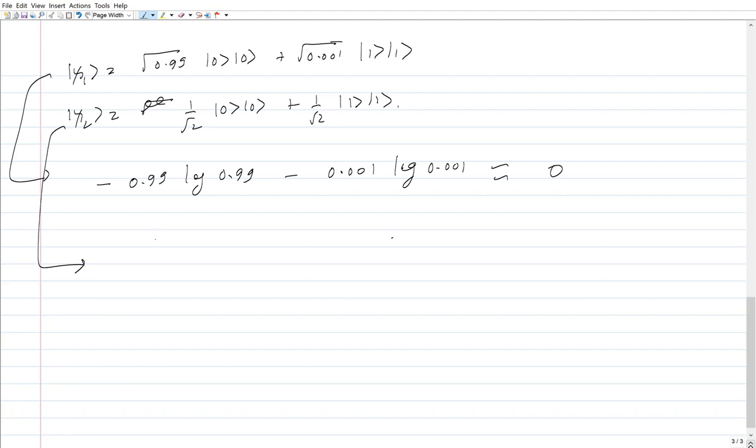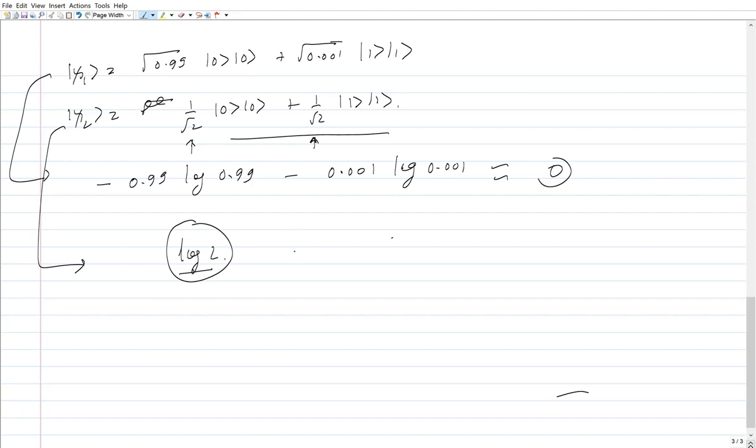However, the Shannon entropy of the squared Schmidt coefficients of the second quantum state is going to come out to be log 2. So certainly log 2 is greater than some quantity which is almost 0, and you can see that when these Schmidt coefficients are equal, I get a maximally entangled state.